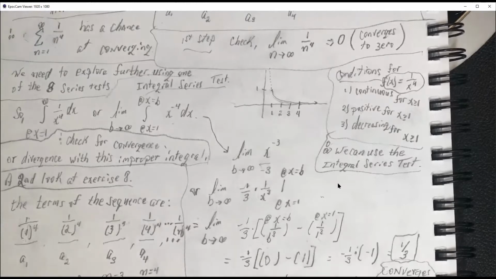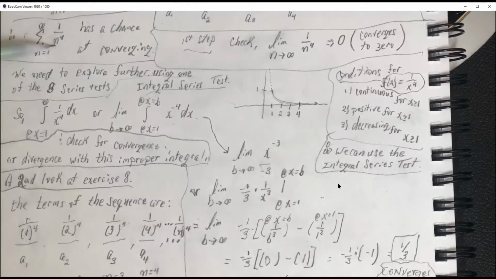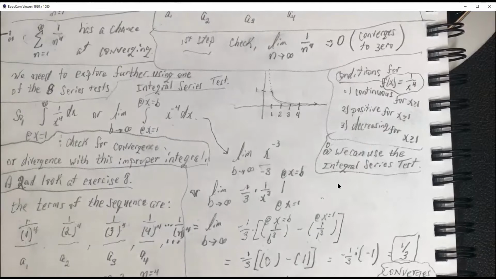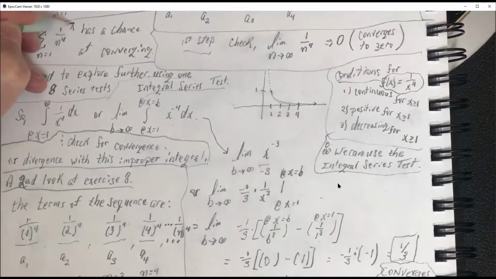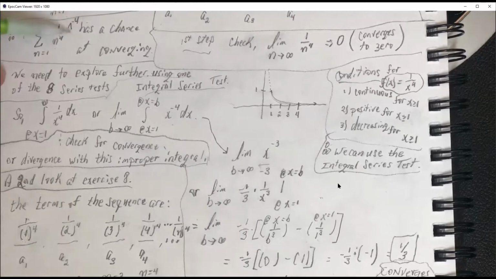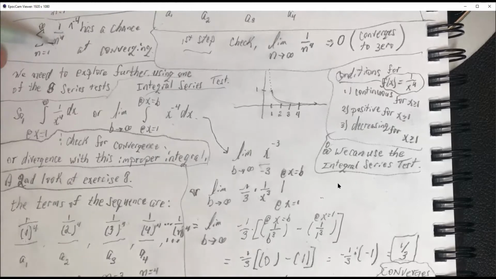But to recognize a p sequence, you need to have it in this form, 1 over n to a positive power greater than 0. So if it happened to be up top, just move it back down.